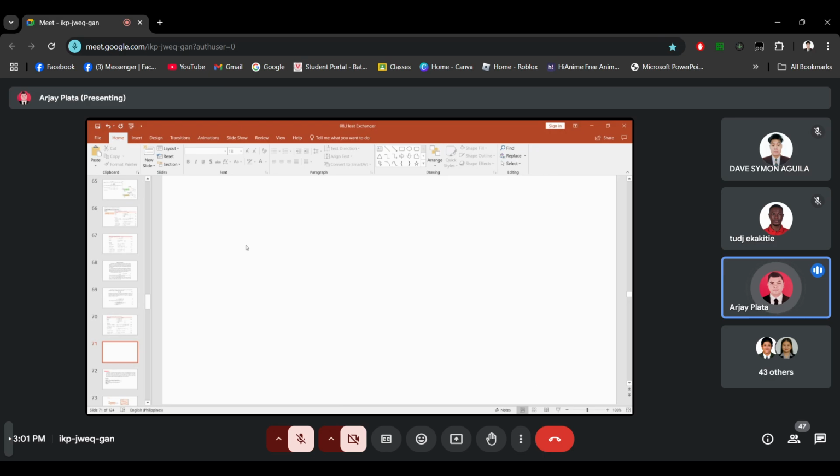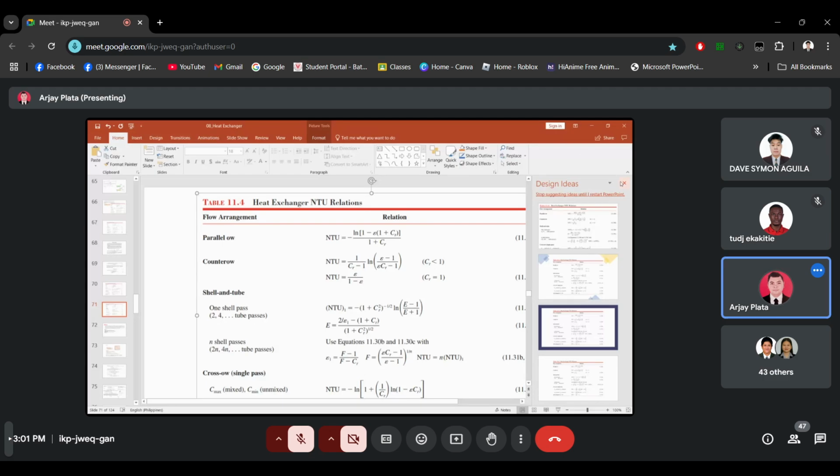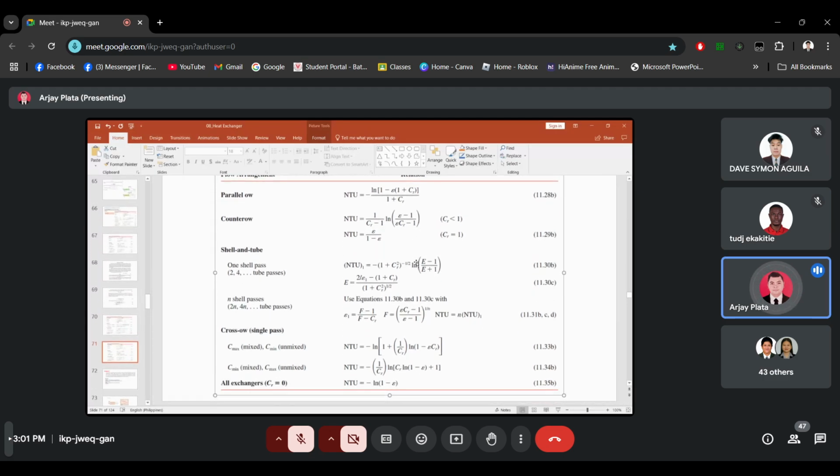To avoid rearranging, we prepared another table. Here, the given is effectiveness and CR, so you just have to calculate the NTU.